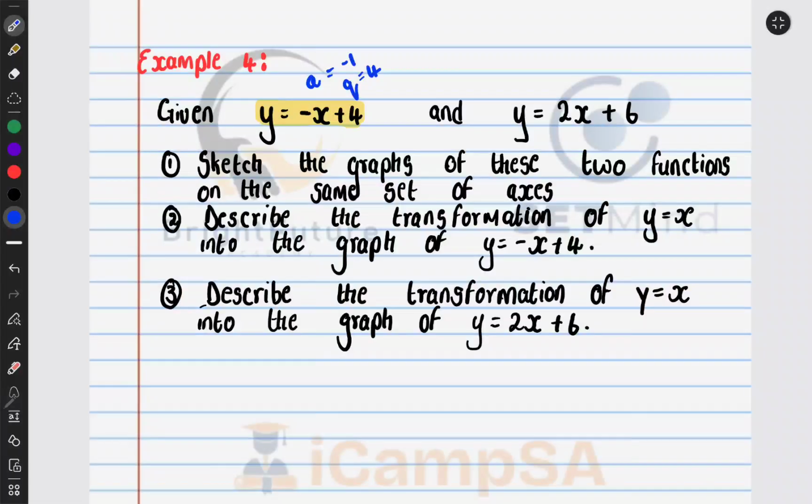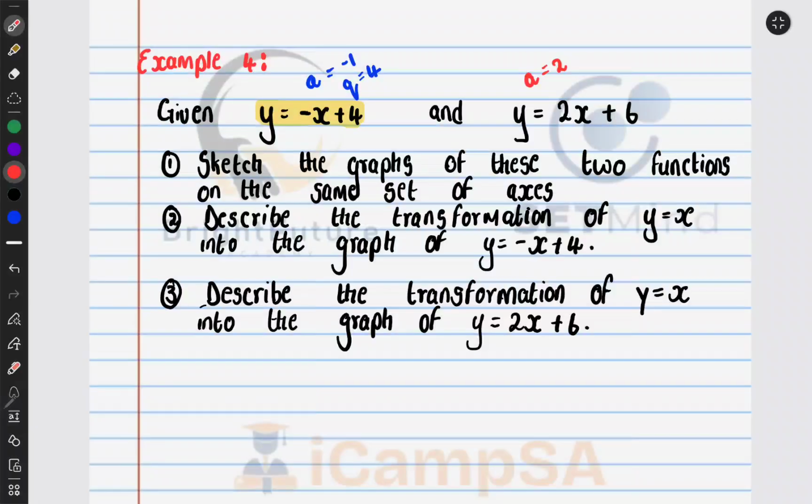So by identifying those two, you can already see that, okay, since a is equal to -1, the function has been reflected about the x-axis, and also afterward it has been shifted 4 units upward, because q is equal to 4. And then for the second function, what do we have? We have a is equal to 2.